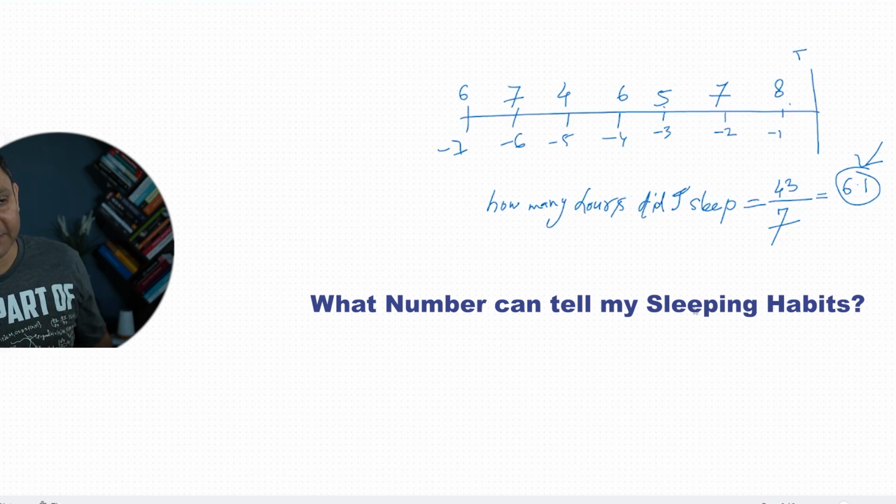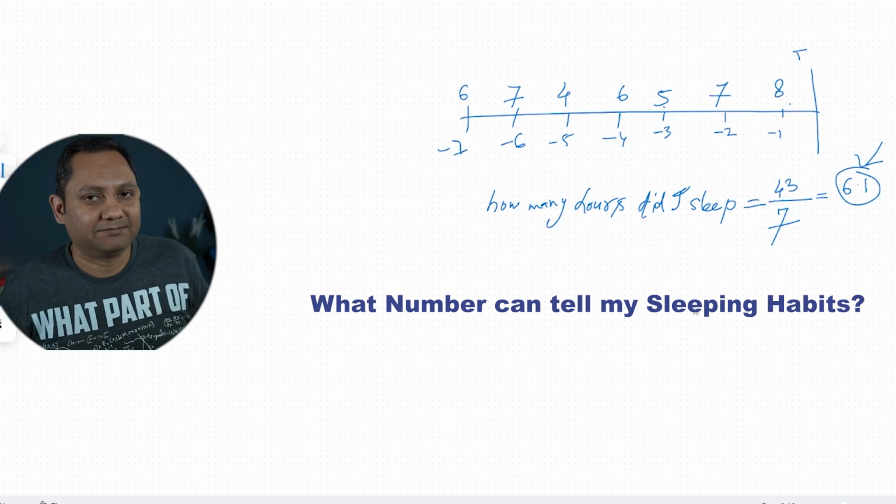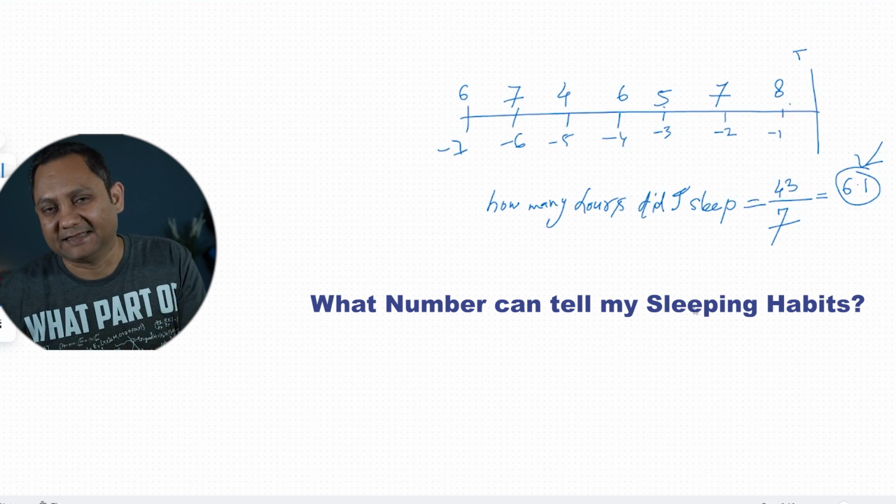This may seem easy, but when you tell it intuitively, you're not being precise, right? Your brain picks a number that is the most obvious guess.